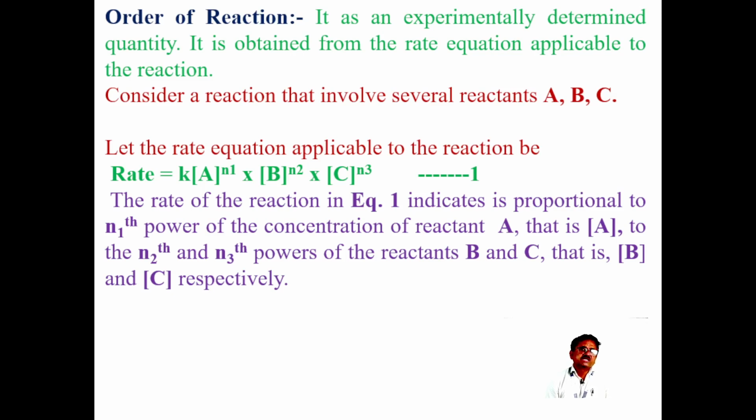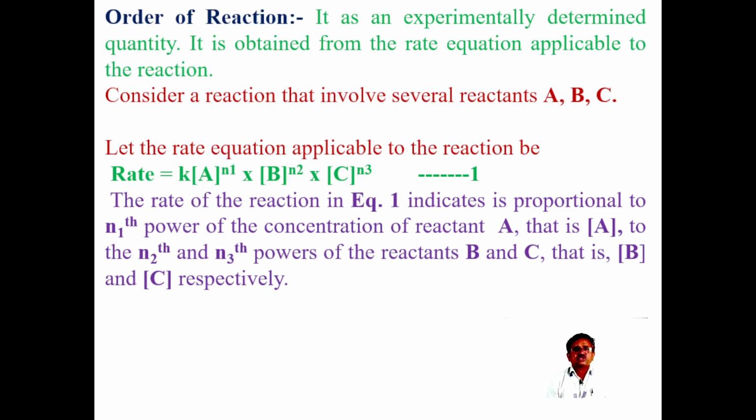Consider a reaction that involves several reactants A, B, C, etc. So let the rate equation applicable to the reaction be rate equals k into square bracket of A raised to n1. Consider n subscript 1, though what is displayed in this slide, as n1.